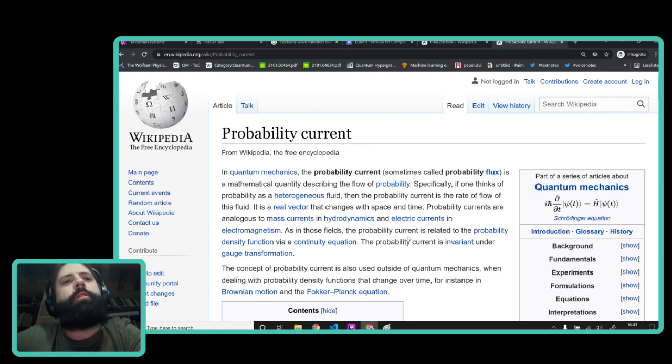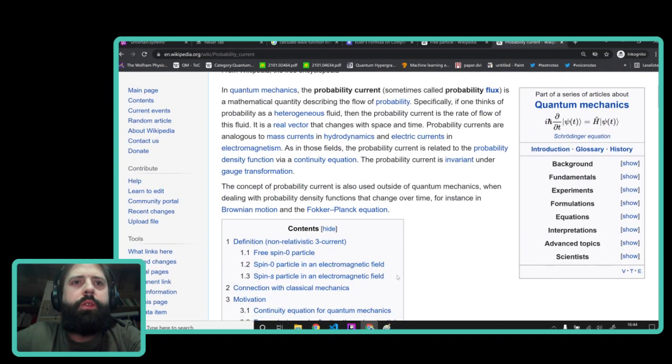It is a real, no, it's a vector. It's a real vector that changes with space and time. Probability currents are analogous to mass currents in hydrodynamics. Probability current is related to the probability density function via a continuity equation. So what is the formula?